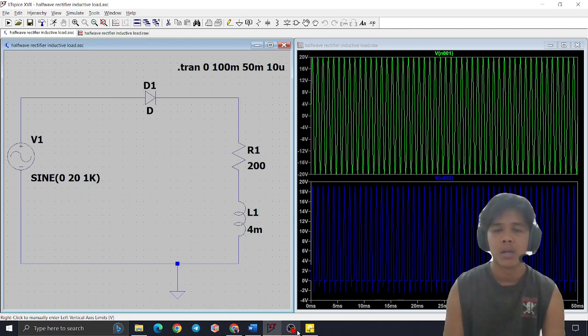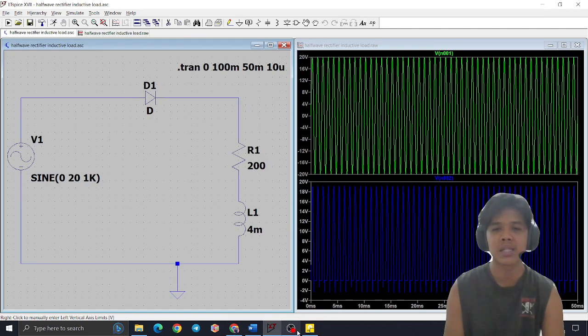So as you can see at the bottom of the output waveform, there is a tiny waveform. It is because of the current discharge from the inductive load, and when it stores energy in the inductive load, it will discharge the current bit by bit.